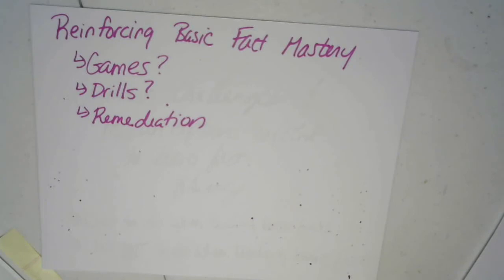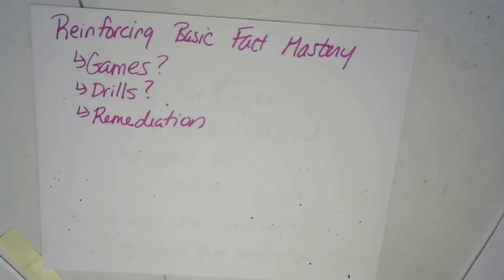Reinforcing basic fact mastery. When students just know a fact or can apply a reasoning strategy so fast they almost don't realize that they've done it, they have reached phase 3, mastery. The Common Core Standards uses the phrase know from memory.